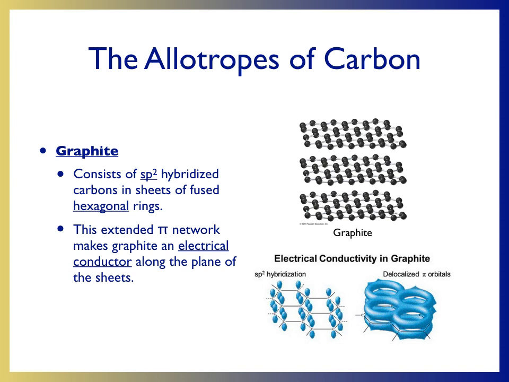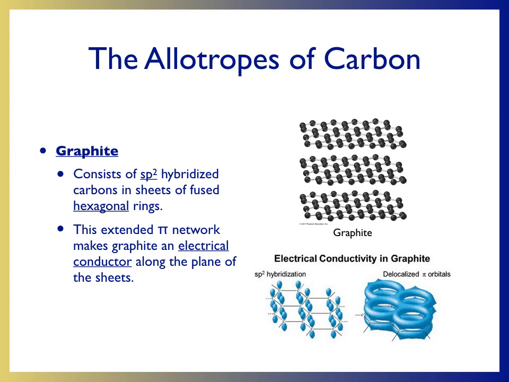One thing to notice about graphite is it's one of the nonmetals that's a pretty strong electrical conductor. The reason why is because there are conjugated double bonds, which you're not able to really see in the picture there.